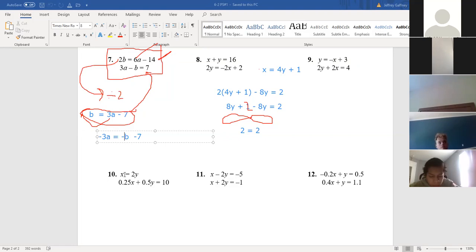Now, if I add b to both sides, now I've got negative 3a plus b equals negative 7, right? Now, if I multiply this whole equation by negative 1, I end up with 3a minus b equals 7, right?